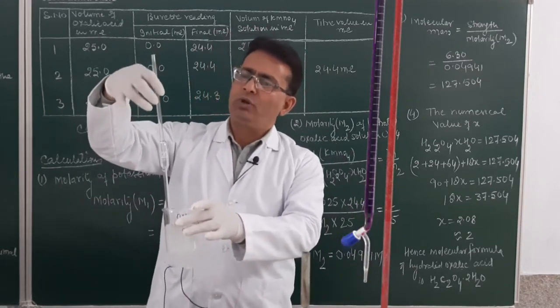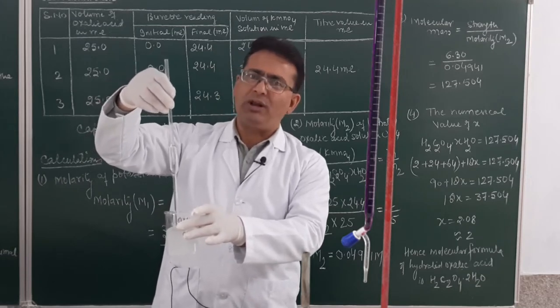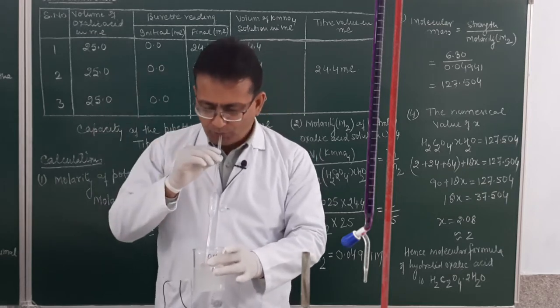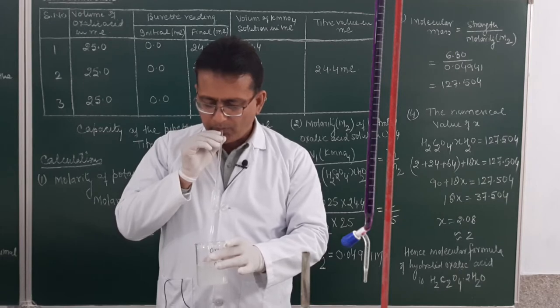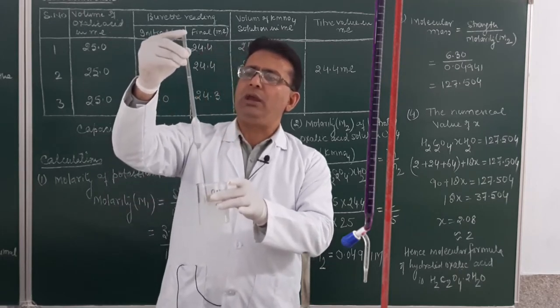On the pipette, there is an etched circular mark. Up to this capacity, it is to be filled. So, it is to be pipetted.